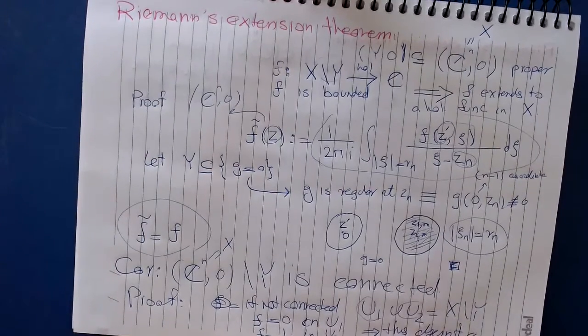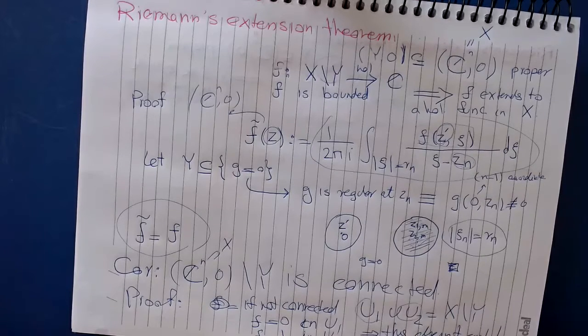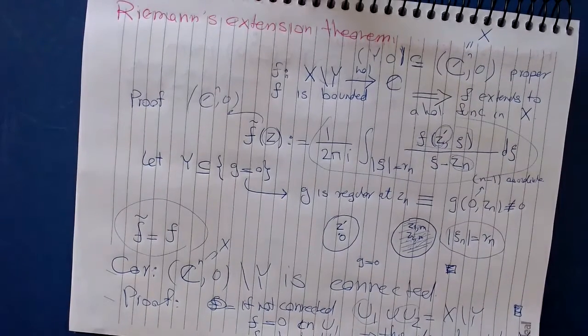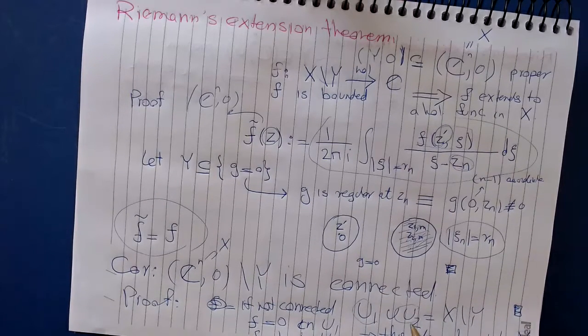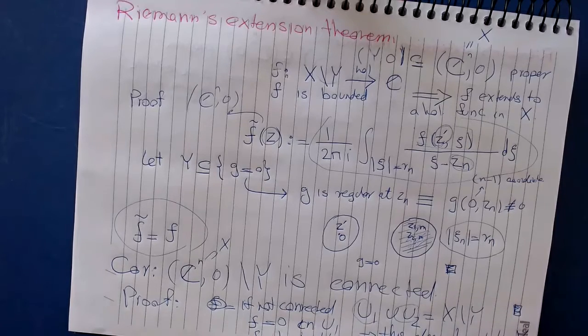Because from u1 and u2 we can approximate points in y. From one side we can approximate by points where the values are 0. From the other side, approximating, the values of f are 1. So there cannot be an evaluation of f on the points of y itself.